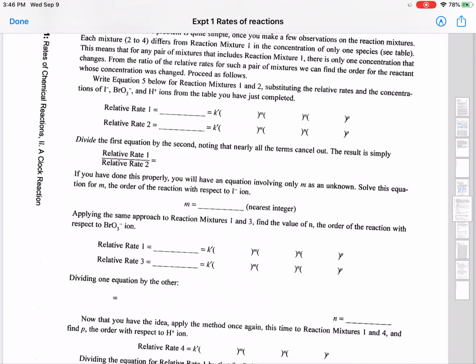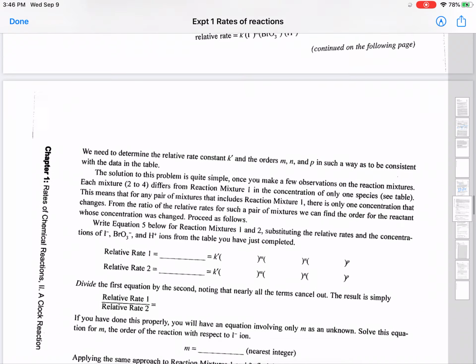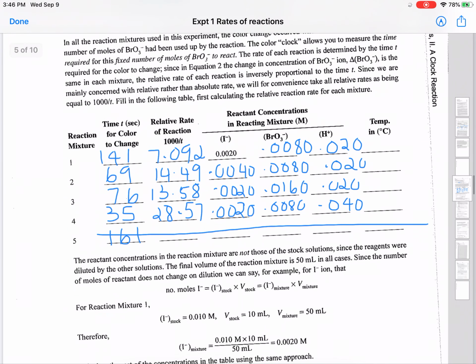Okay, so relative rate 1 and 2. If you look at relative rate 1 and 2, we have iodide, bromate, H plus. We're going to take this relative rate and this information and divide one by another one. Let's say you divide 1 by 2.